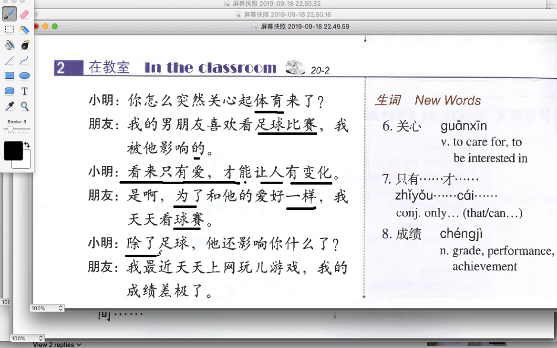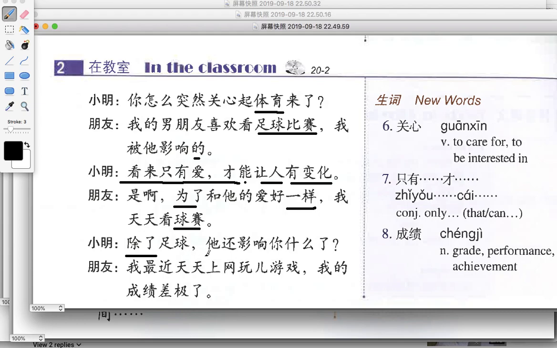So that's apart from. Except means excluding A, and then everything else is whatever. But in Chinese, 除了 can mean both things, apart from and except. 除了足球，它还影响你什么了？So basically, he influenced you on watching football? What else? What other influence?